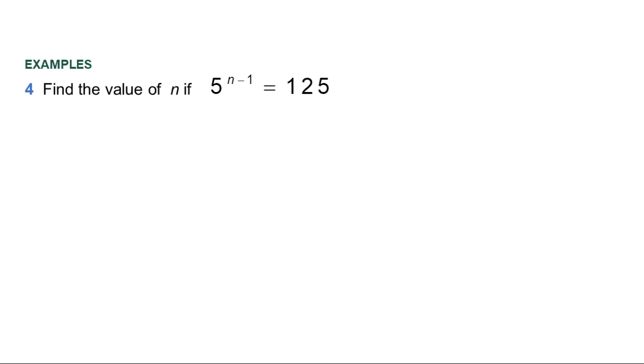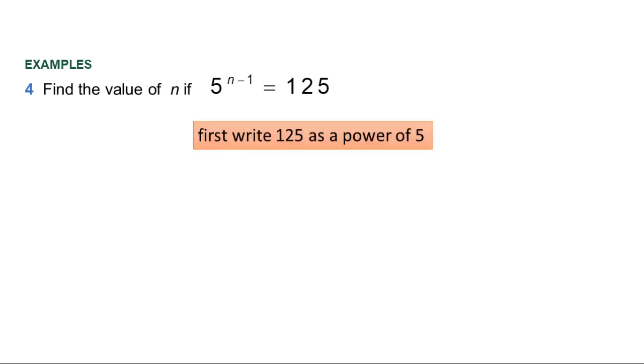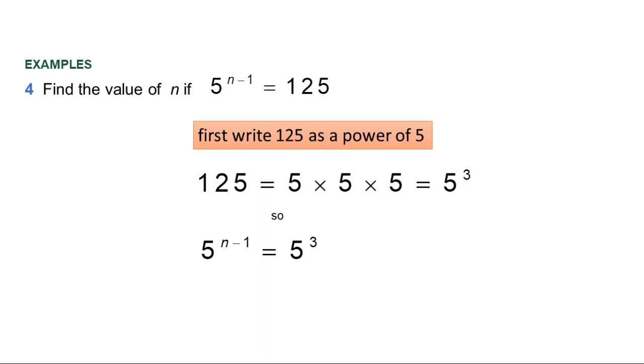Next, find the value of n if 5 to the power of n minus 1 is equal to 125. I can change 125 to 5 to the power of 3. And it will give us 5 raised to the power of n minus 1 is equivalent to 5 raised to the power of 3.